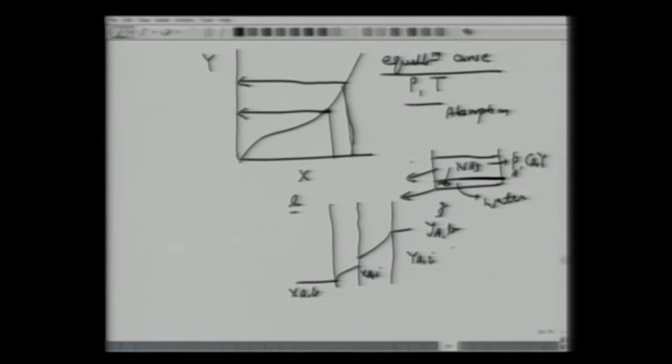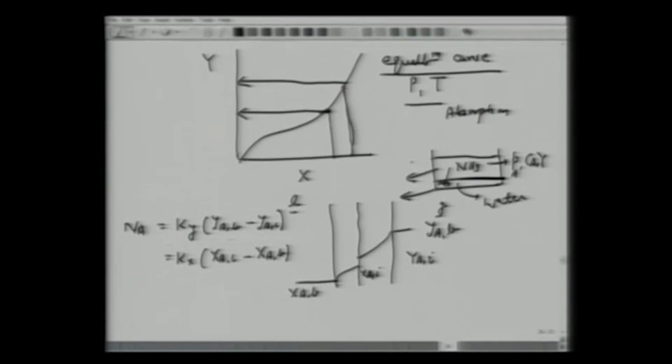And we write the expressions for NA once more. NA under steady state will be Ky times (YAB minus YAI), which equals Kx times (XAI minus XAB).